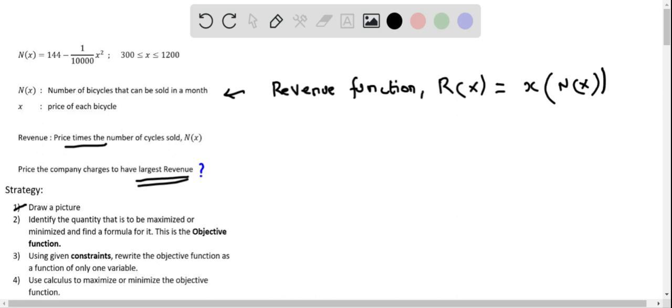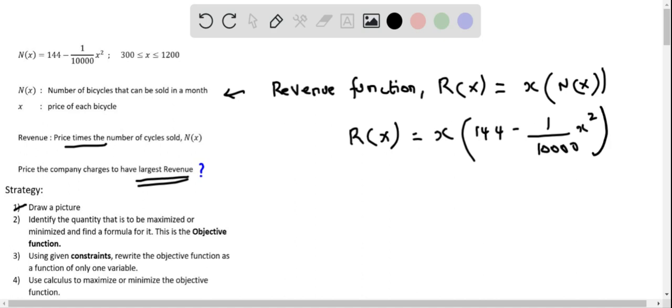So R of x, the revenue function, is equal to x times, replacing n of x as given in this question, 144 minus 1 over 10,000 x squared, where x is greater than 300 and less than 1200. So this is the revenue function, which means we have identified the objective function.